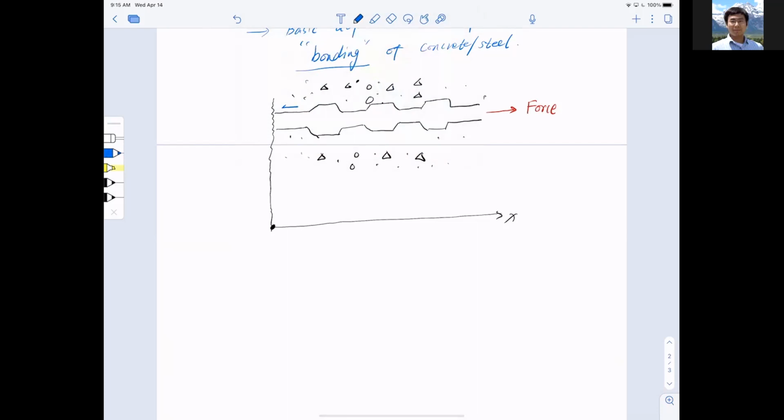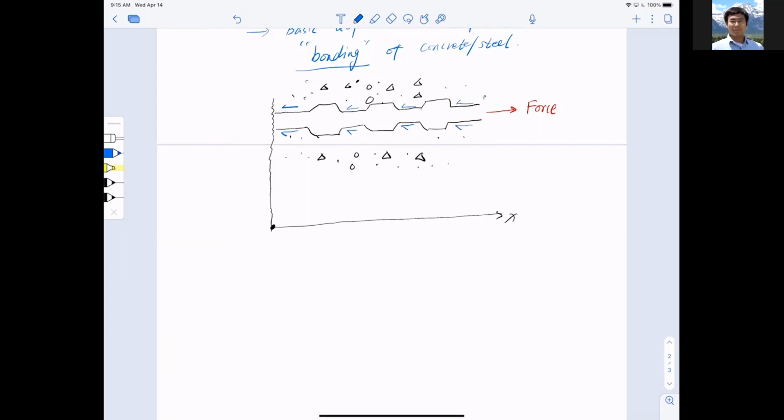I use blue arrows near this flat region of the bar, which is providing that resistance. I don't see a whole lot of friction on the ribs. Although there is some friction on the ribs, the ribs are so small. But I continue to see the friction at the flat regions.